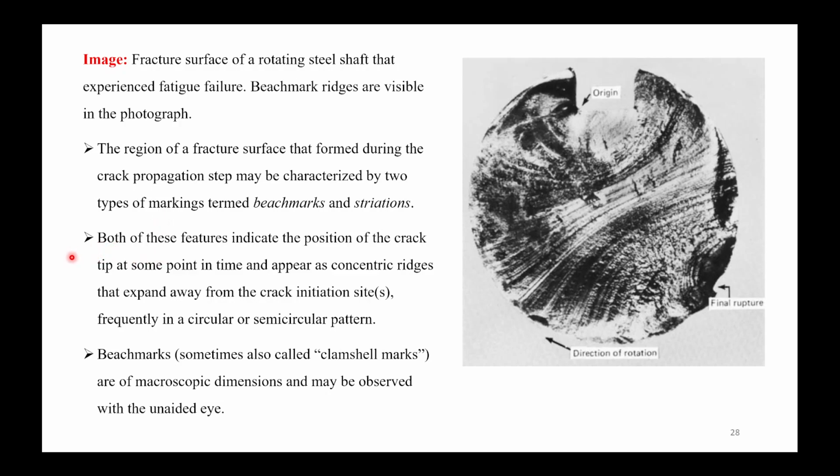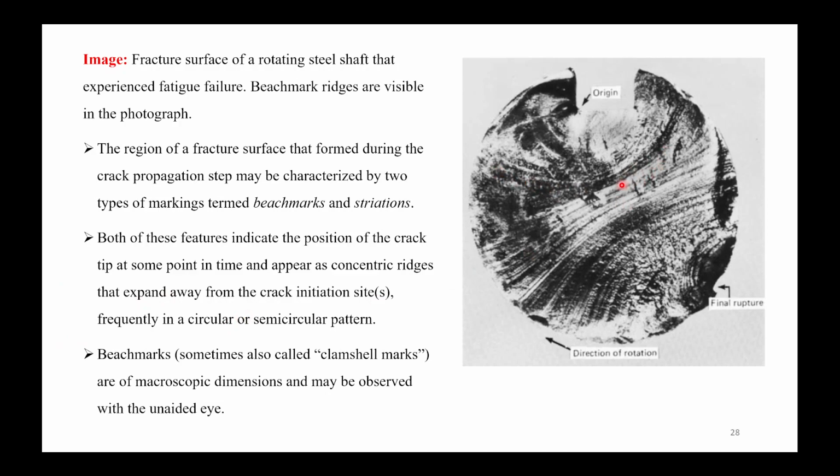Both of these features indicate the position of the crack tip at a point in time and appear as concentric ridges that expand away from the crack initiation site, frequently in a circular or semicircular manner.